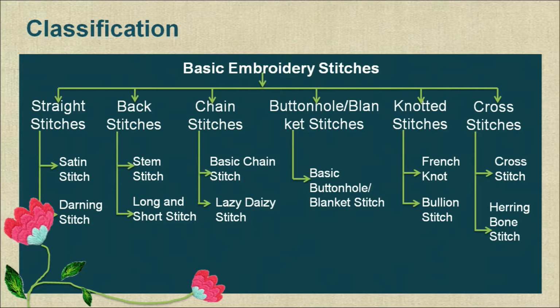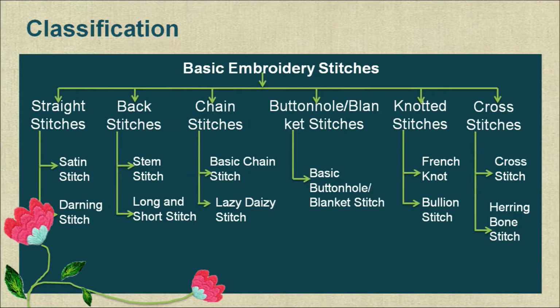We have straight stitches, back stitches, chain stitches, buttonhole or blanket stitches, cross stitch and knotted stitches. Just look at this chart, which includes all the stitches categorized under basic embroidery stitches.